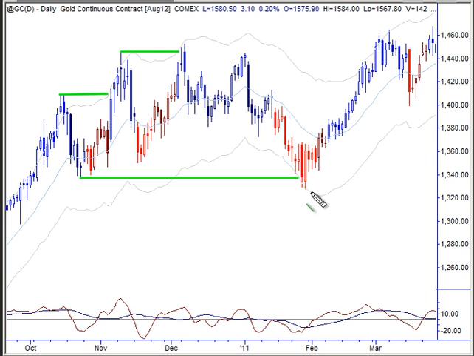And you do have a long failure test entry, whether you take it on this bar, and this might have been a difficult entry because it looks like it was right on the level. You certainly would have had a failure test entry on this bar.